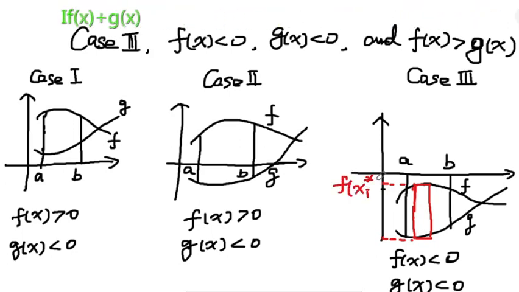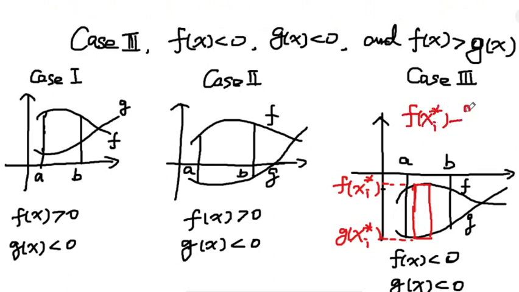It's still minus. So here the height will still be f(xi star) minus g(xi star), because we are interested in the height between f and g, this part.